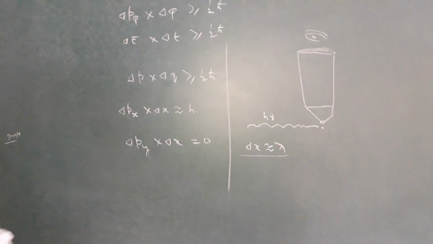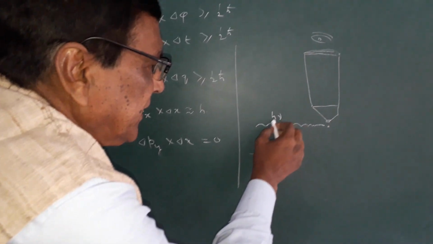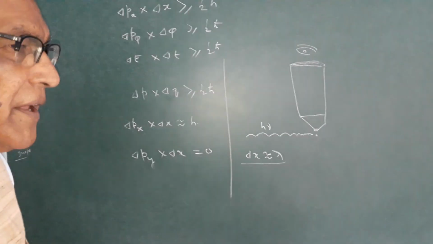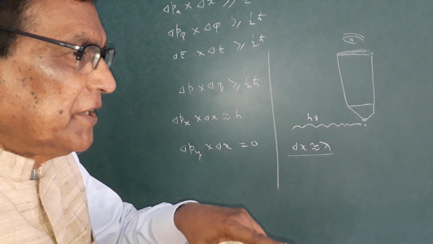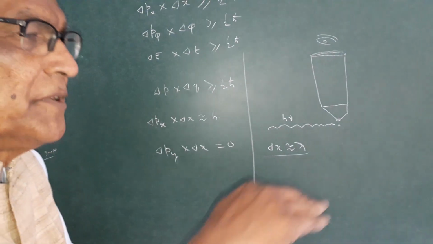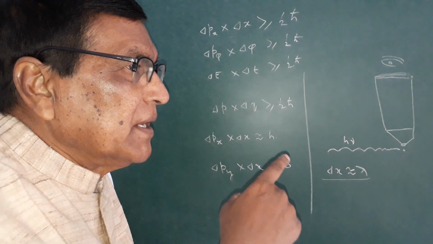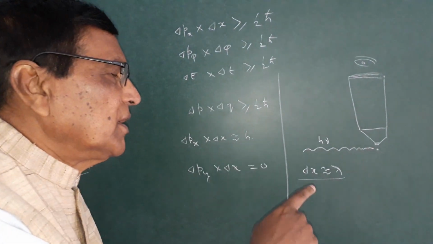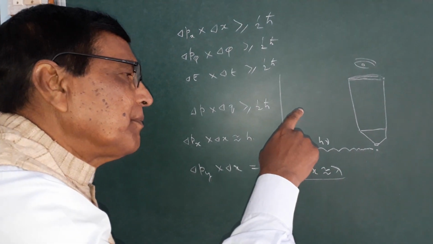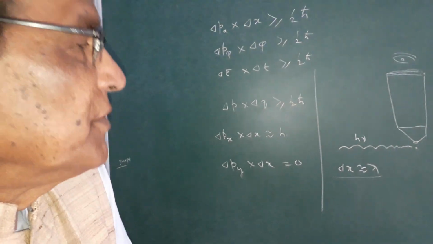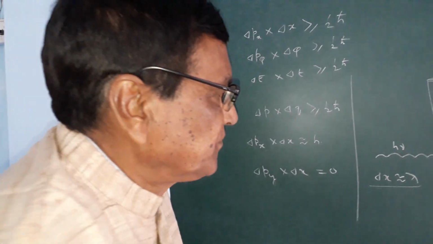Whenever this light beam or photon strikes this electron, the electron gets recoiled from its own position, with a change in momentum equal to the momentum of this photon.